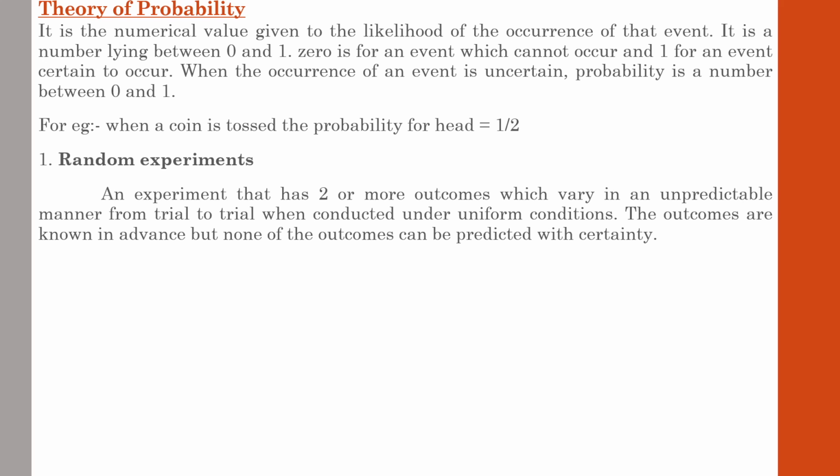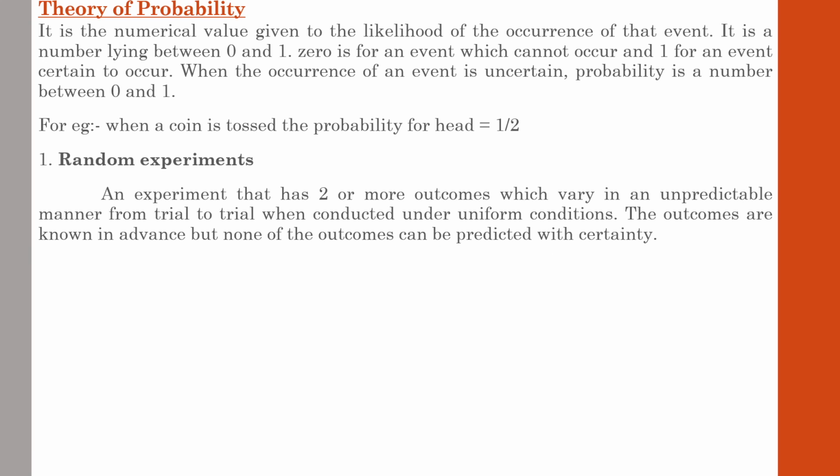So whatever probability area you are going to study, that particular event is known as a random experiment. As mentioned earlier, tossing a coin is an example of a random experiment. It has two outcomes, head or tail. Throwing a dice or a die is also a random experiment. It has 6 outcomes. We know what the outcomes are, but we don't know what the actual event going to happen is.